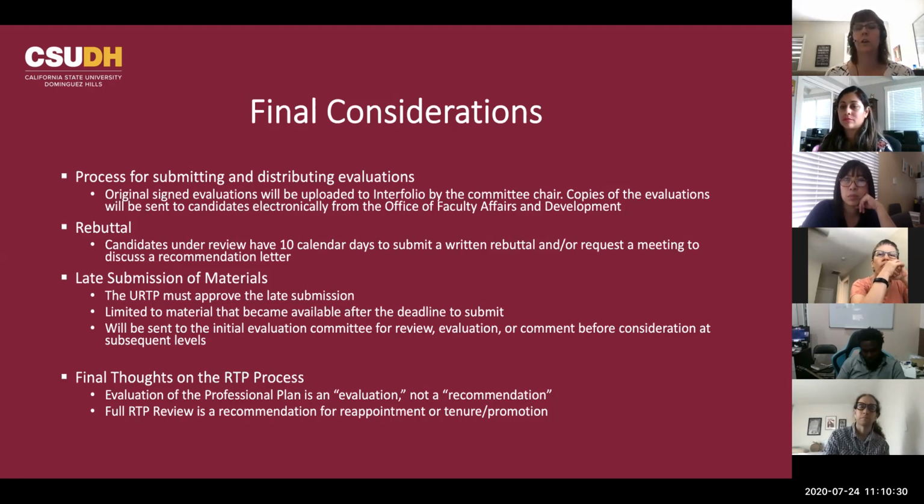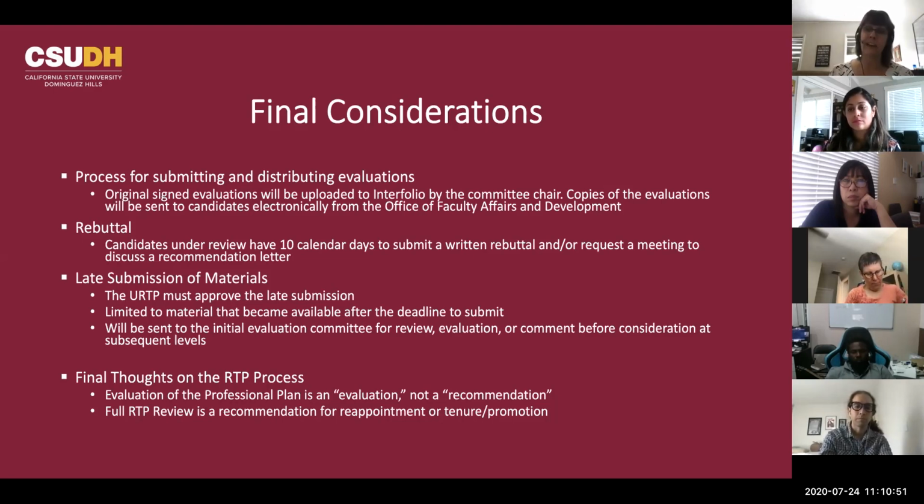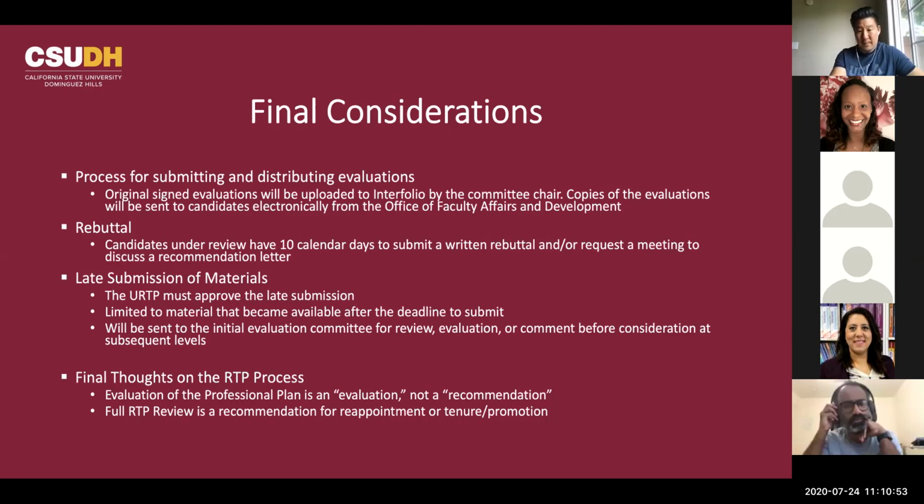You might get a 1-year reappointment because there was a lack of evidence. So that's one reason we encourage everyone to be as thorough as possible. You don't want to get a 1-year reappointment because you left stuff out of either your CV or your WPAF and your evidence.